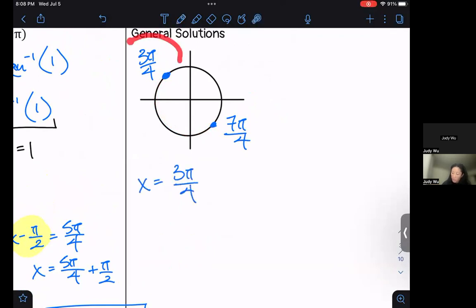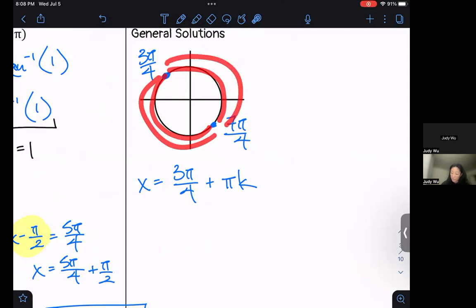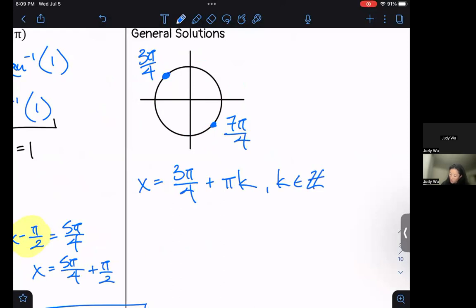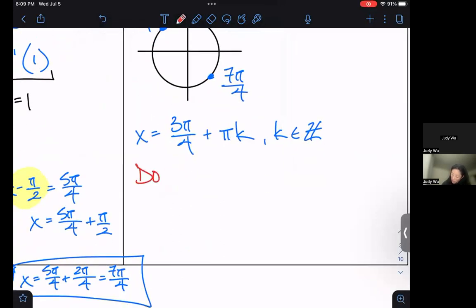So we choose the smaller angle. And then we say, instead of going one full time around the unit circle, we just go around half, or pi k. Every pi, we end up back at the same spot, all right? Where k is an integer. So I want to make sure we do this. Don't do this.